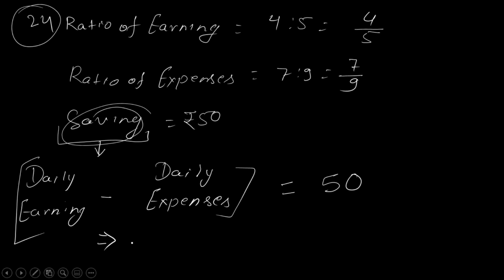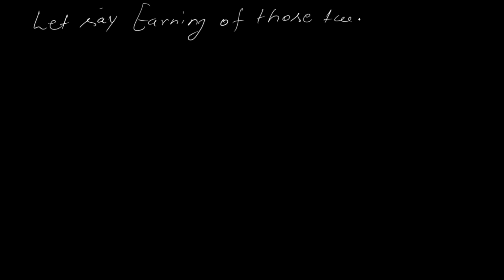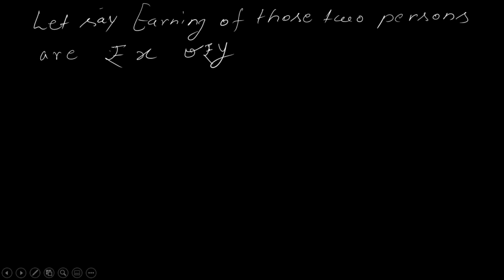Now you come this side. Now what I am doing, I am pretending, let's say earning of those 2 persons, earning of those 2 persons are rupees x and rupees y.